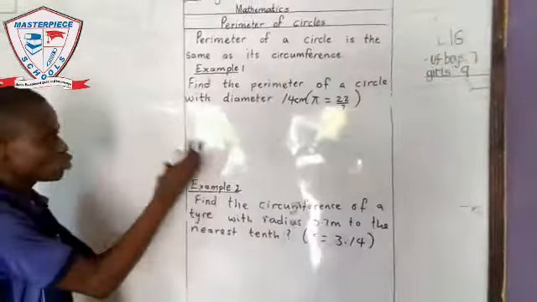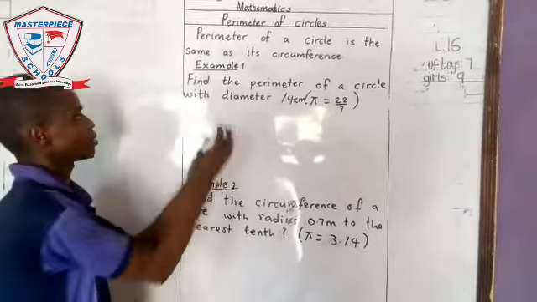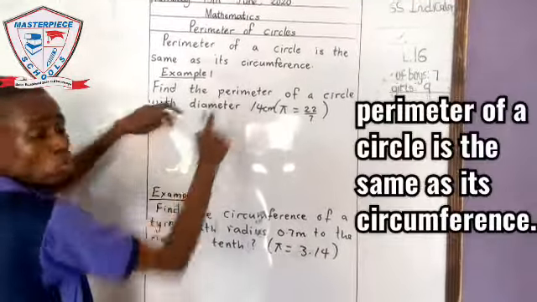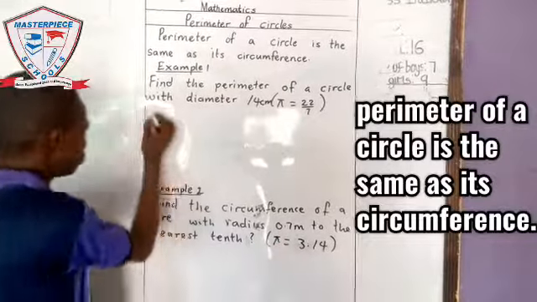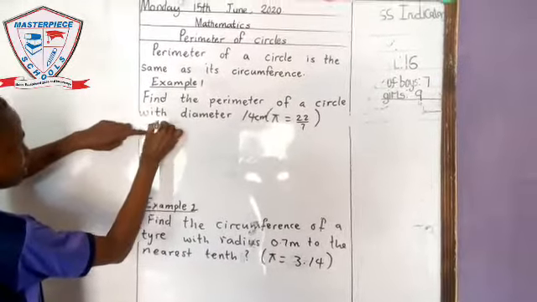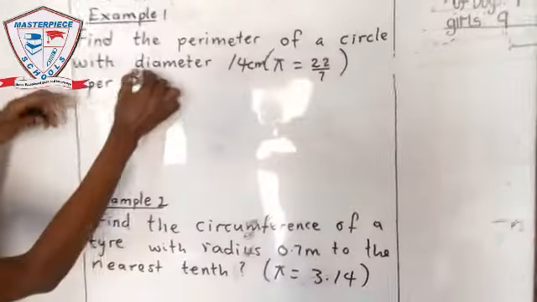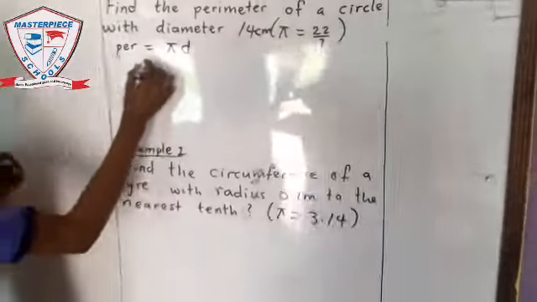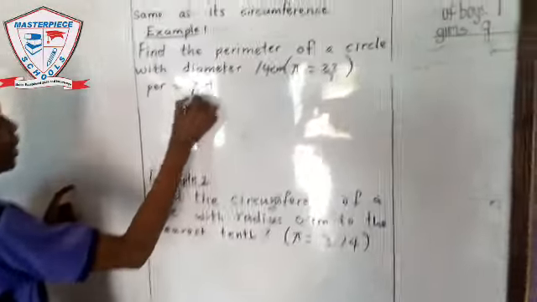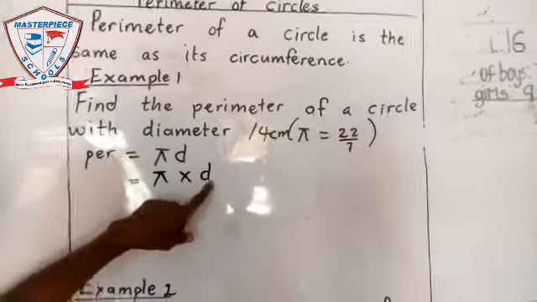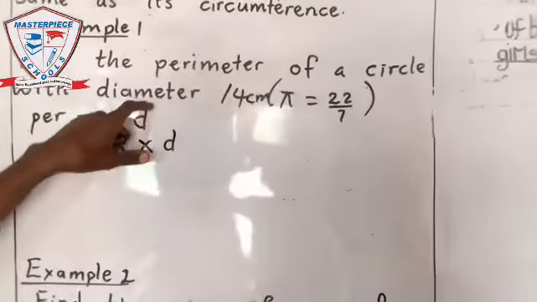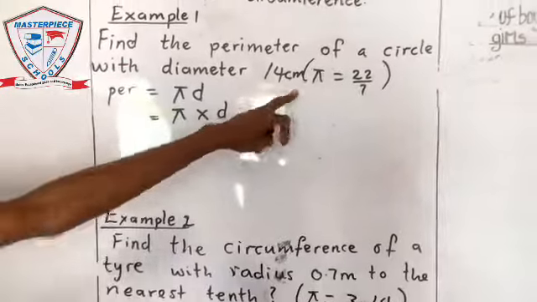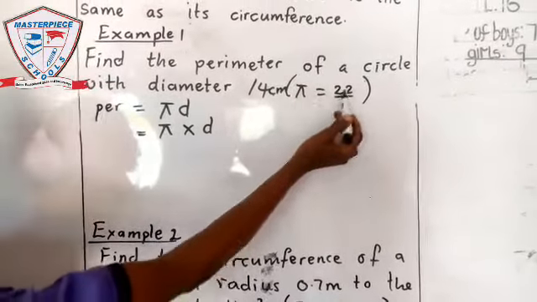For this one, your formula for perimeter, which is the same thing as circumference, is perimeter equals pi d. That's the formula you will use. So pi times d. This d means diameter. The diameter that we are having is 14 centimeters.